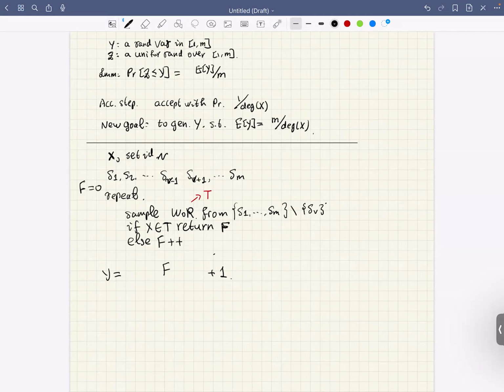Now let's try to imagine the following. Some elements have a large degree, some elements have small degrees. So why do we gain in expectation? The idea is this: if an x has a large degree, then I pay very little here, although this element will get sampled more often because it has a large degree.